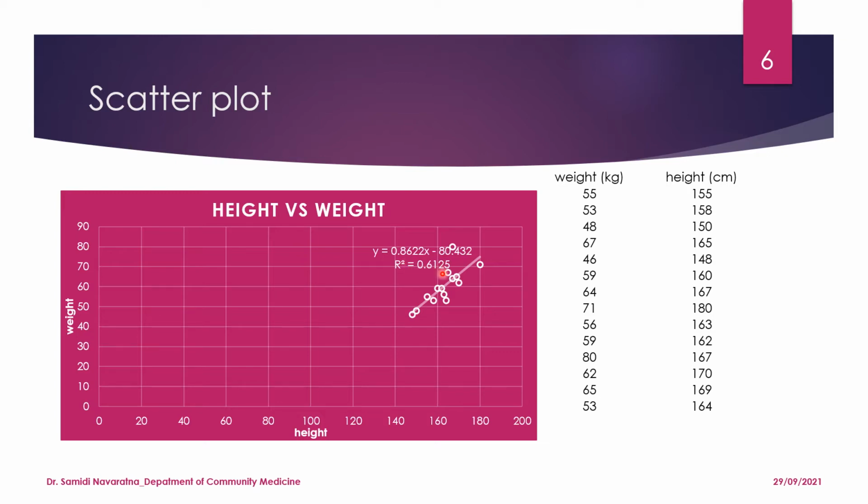Therefore, we can confirm the fact that the value of the R, the correlation coefficient, doesn't change according to which variable is labeled as X and which variable is labeled as Y in a scatter plot.